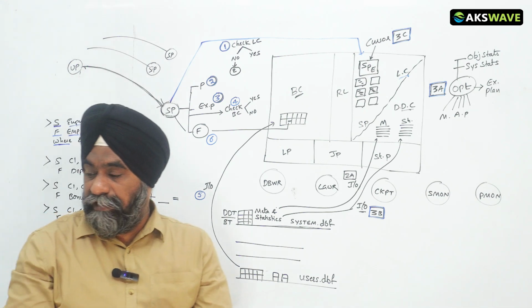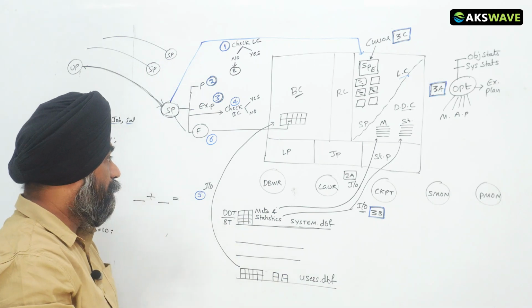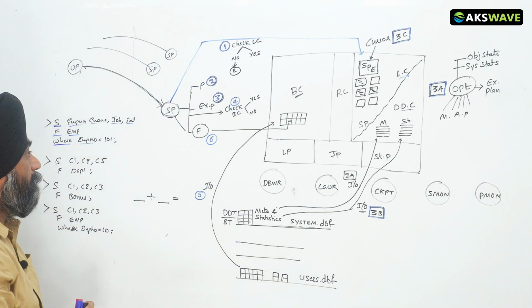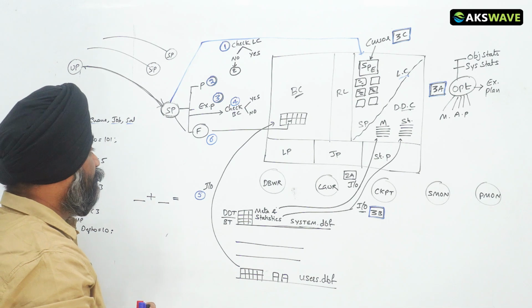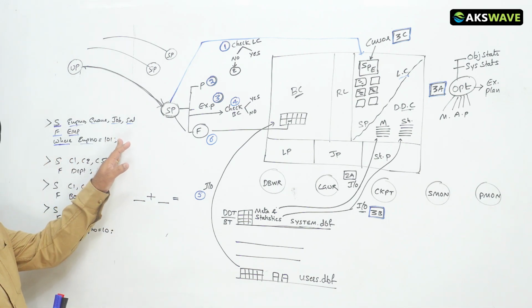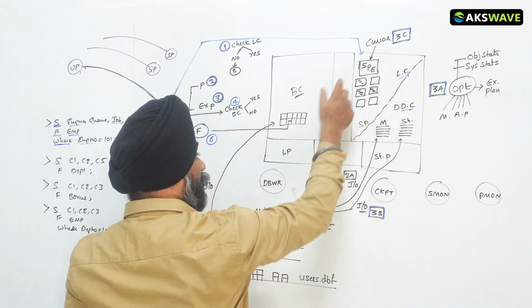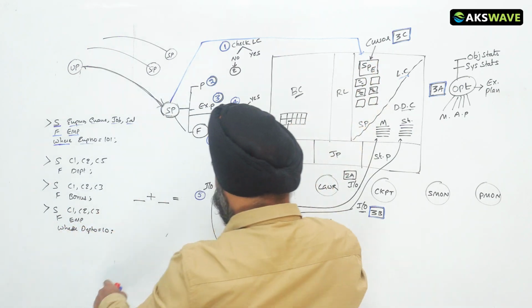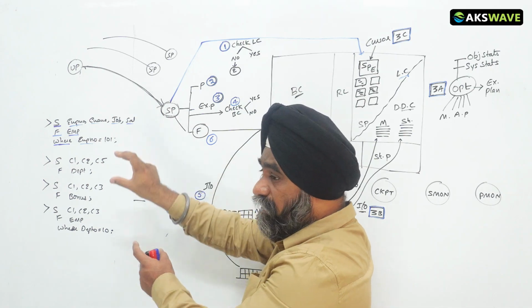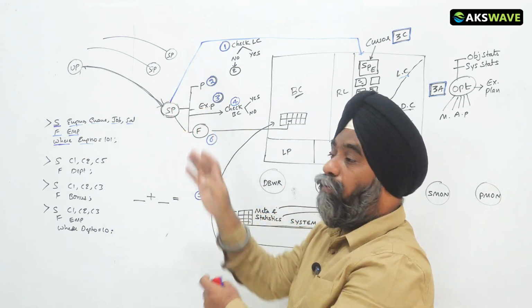Now, do the same. If the query was already submitted earlier, we have a cursor now, and also the table is already loaded. If the same statement is resubmitted, copy paste, what happens?